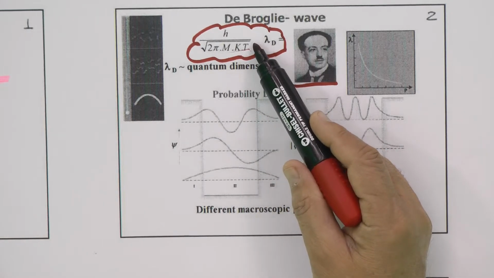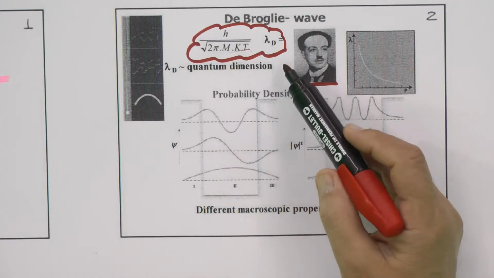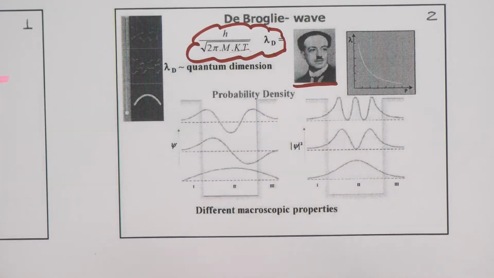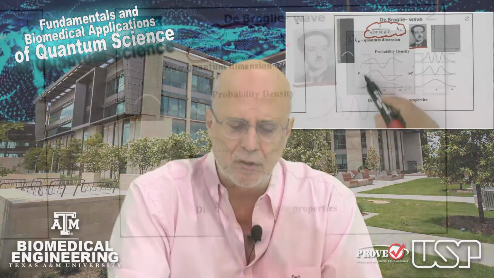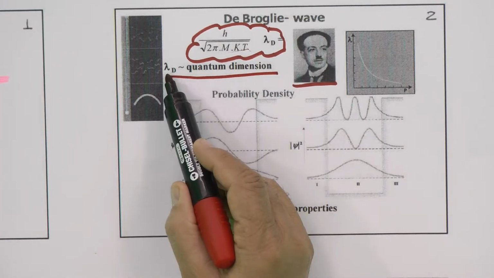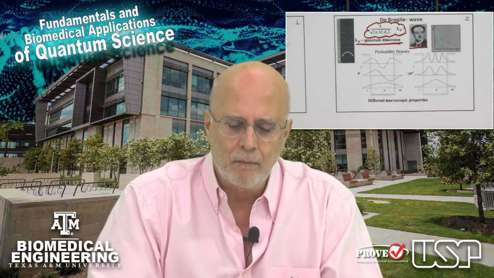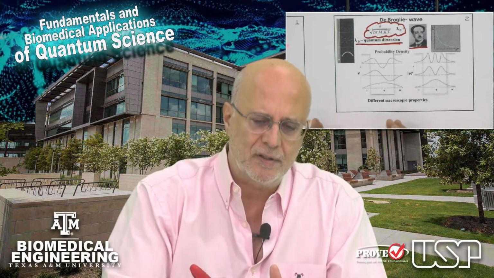So if we have a macroscopic system and we go down in temperature, the wavelength is growing, until we reach the situation where the de Broglie wavelength, which I like to call the quantum dimension, becomes comparable to the size of your system.